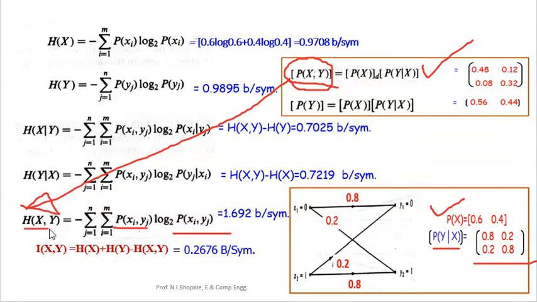Once you have calculated H(x,y), just use it along with H(x) and H(y) to get H of x given y and H of y given x. This is the simple trick to solve these kinds of problems, and surely these problems are helpful for solving numericals, and probably it is asked mostly for a minimum of 8 marks in the exam.